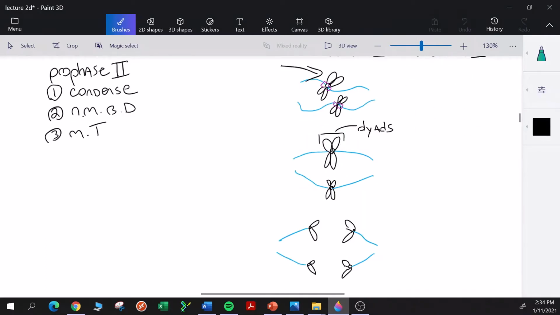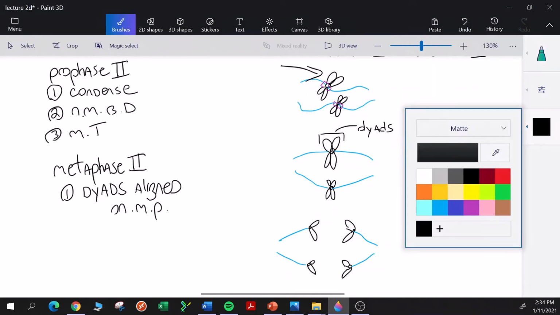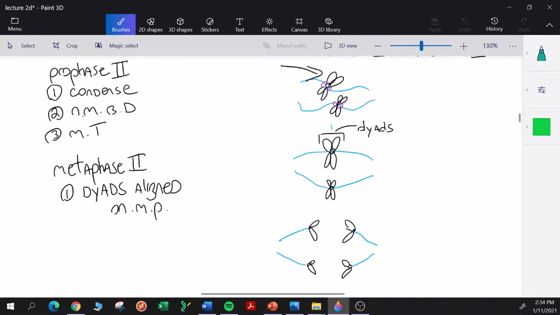Metaphase II. What happens during metaphase II? Well, the major hallmark is that we will call these dyads. The dyads are aligned on the metaphase plate. And let me add the metaphase plate. Now I'm calling these dyads. Anytime we see a chromosome that consists of 2 sister chromatids, we can call that a dyad.